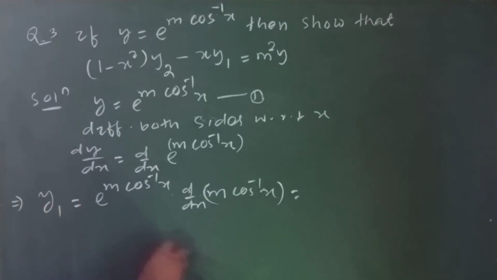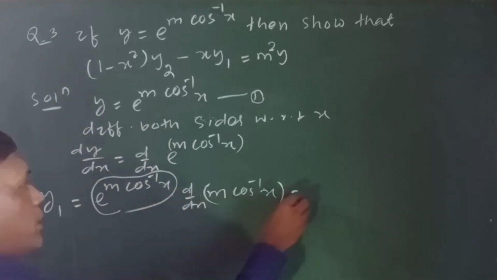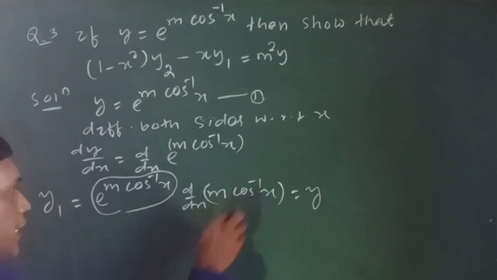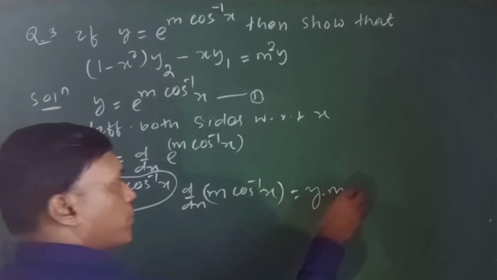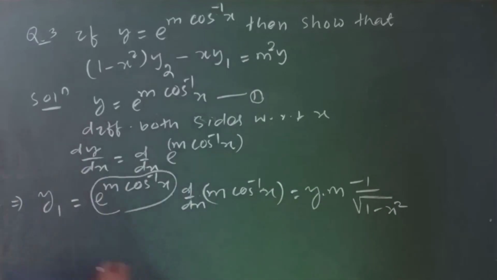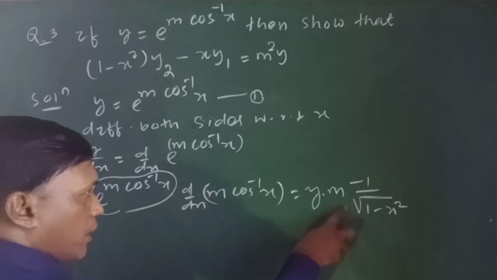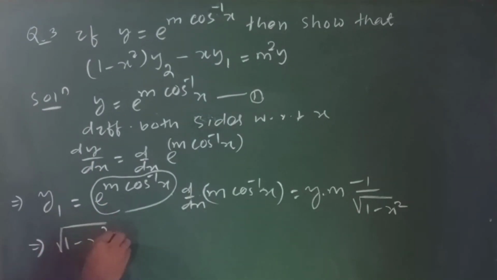This is equal to, and e to the power m cos inverse x is equal to y. So this is equal to y into derivative of m cos inverse x, means m is constant and the derivative of cos inverse x is minus 1 by root over of 1 minus x square, which implies, look at here, y1 is equal to this much, multiply this, we get root over 1 minus x square into y1.